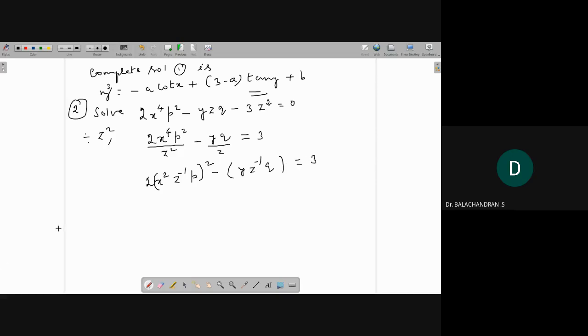Yesterday I told that you should find the values of m, n, k only if p power and q power are 1. Now p power is 1 and q power is 1, so you can write m equal to, what is m?